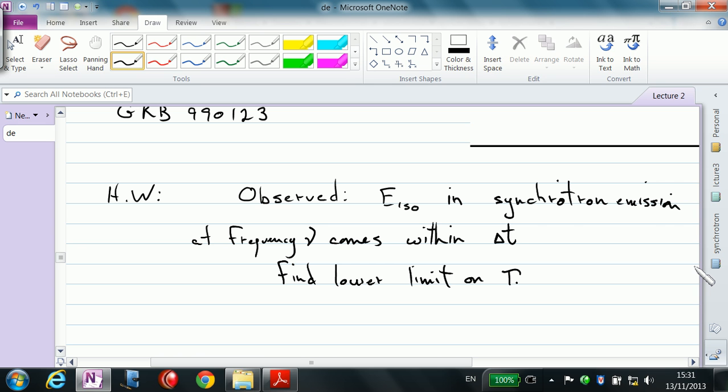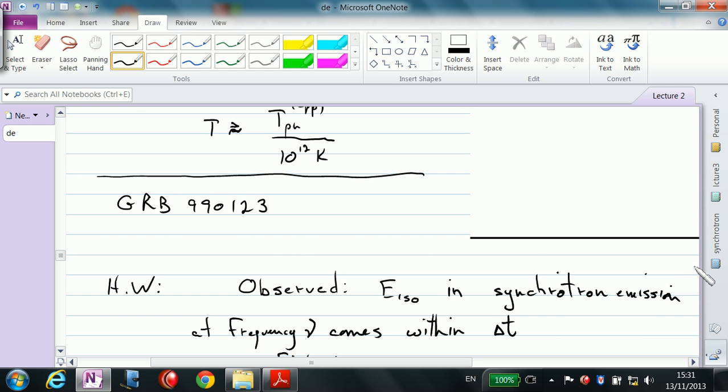And you should be able to do it based on this lecture. But the idea is to get a general formula. For GRB, it came out to be about 50 when they saw prompt optical emission.